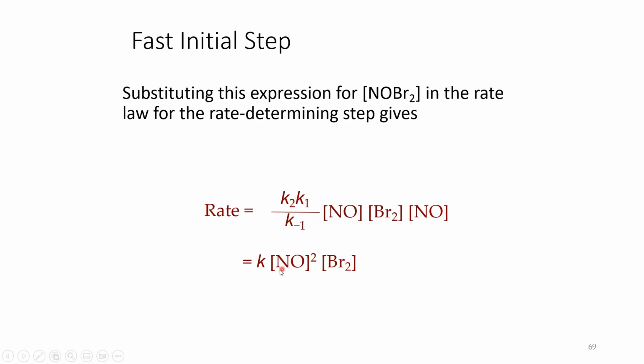So again, we substituted in K1 over K-1, and then NO and Br2. Then we can combine it, because we can have these squared now since they're the same term, and we can simplify all of these rate constants into the overall rate constant K. So these 2's and 1's just refer to the rate constants for those individual steps.